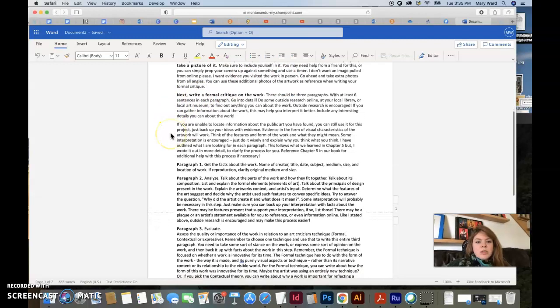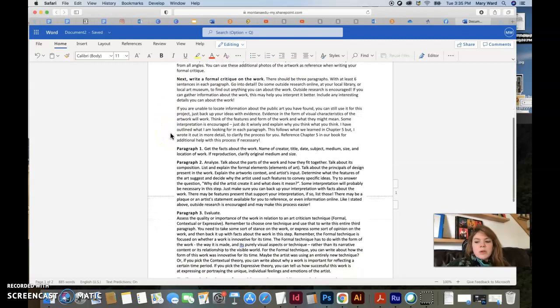So basically, once you get that photo of yourself with the artwork, and then any additional photos of different angles of the artwork that you've chosen that's local to you, this is where you would write the formal critique on the artwork. There should be at least 3 paragraphs with at least 6 sentences in each paragraph. So I don't want 3 sentence paragraphs.